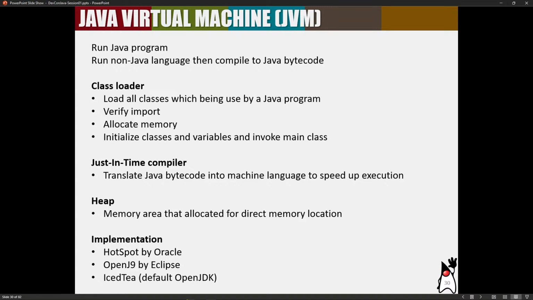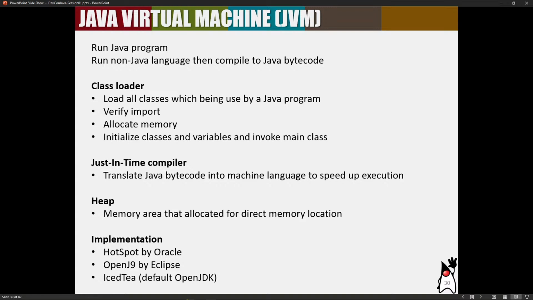Actually it was from IBM and then handed over to Eclipse. And then IcedTea was a very long time ago, an OpenJDK Java virtual machine. There are a lot of implementations. So this is the openness of Java. Everyone can take part, everyone can implement.